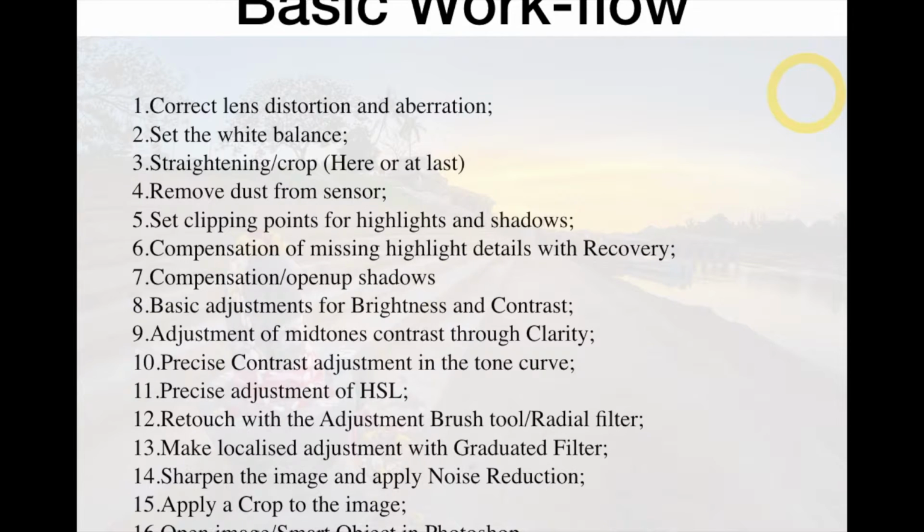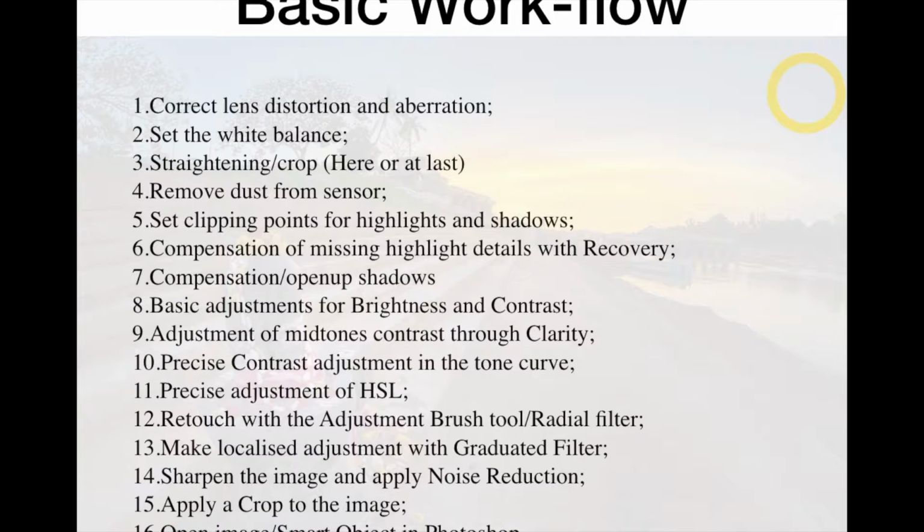Retouch adjustment is basically a local adjustment correction where we can use the brush, radial filter, and the graduated filter. And after that you can sharpen the image here in Adobe Camera Raw. It gives the option to sharpen your image, but I'll recommend sharpening your image in Photoshop.